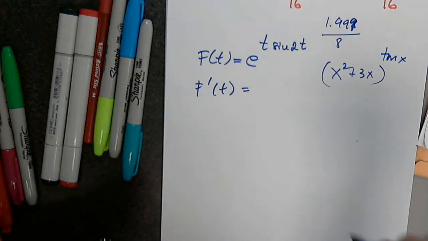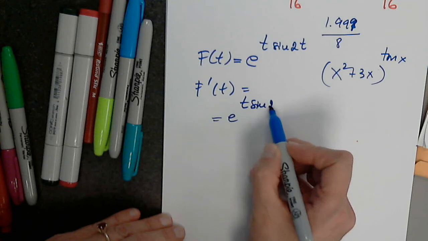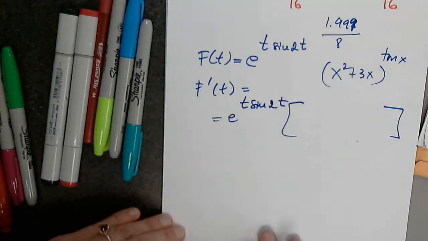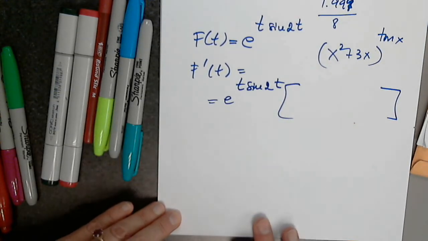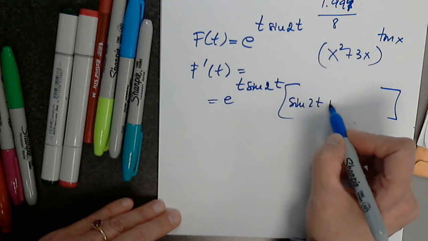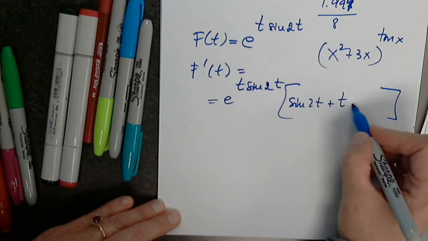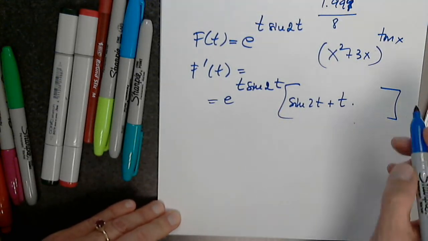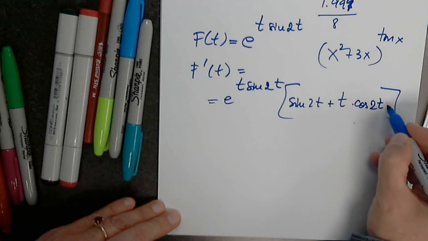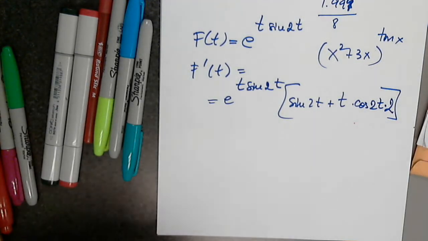Okay. So if you want to differentiate this, we will get e to t times sine 2t multiplied by the inner function prime. t prime is 1. Sine 2t plus the first function times sine 2t prime, which is cosine 2t, times the inner function prime, which is 2.